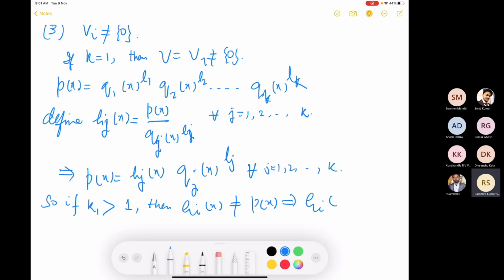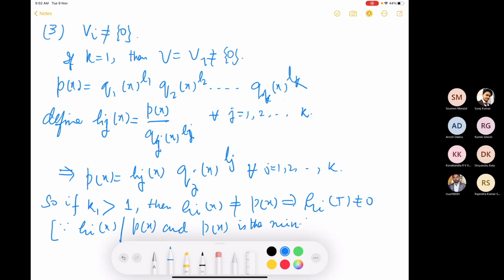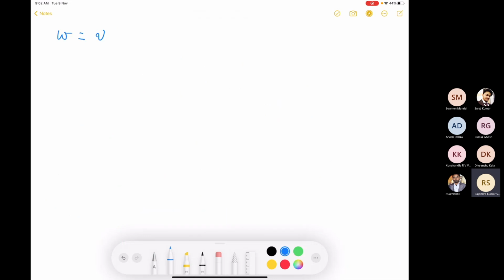So this will make hi(T) not 0, since hi(x) divides p(x), and p(x) is the minimal polynomial of T. Therefore there exists a v in V such that v hi(T) is not 0. Call it w, so v under hi(T) is not 0.